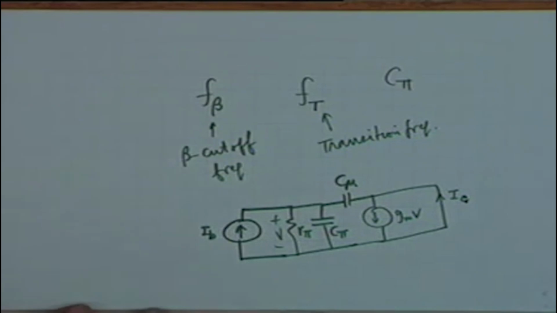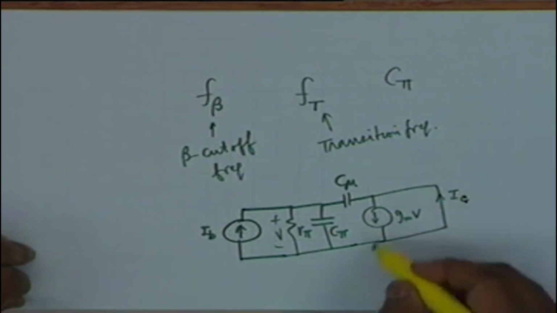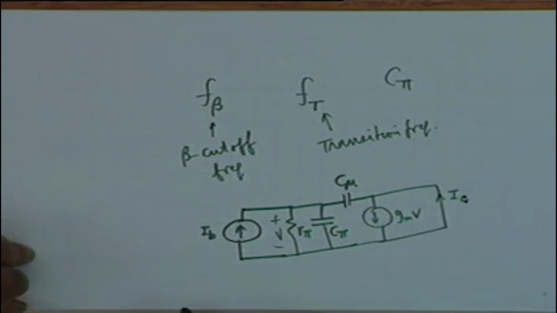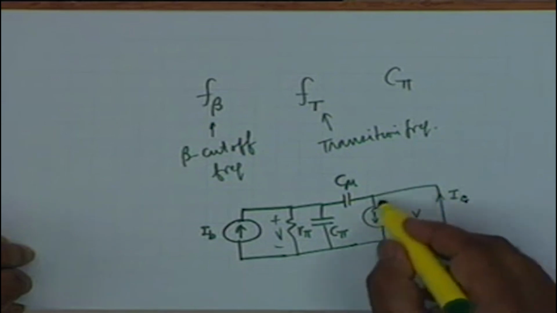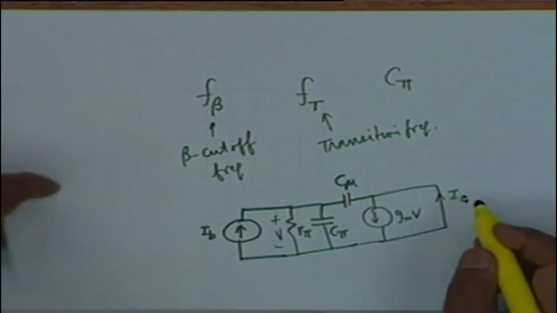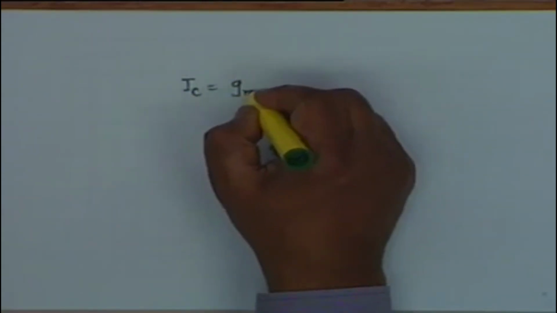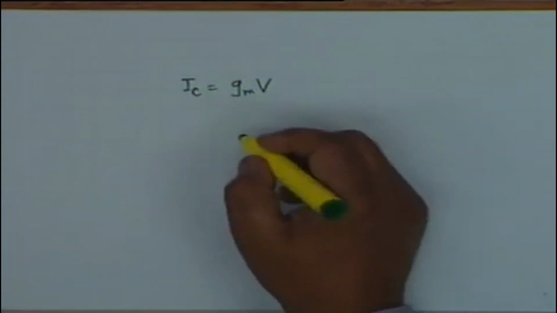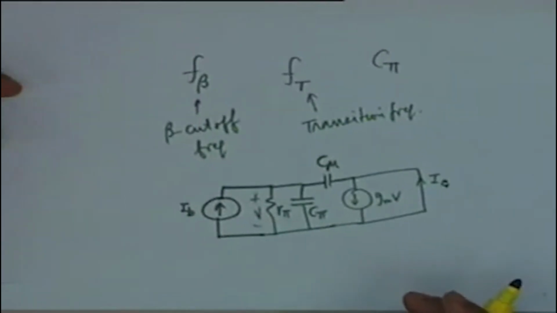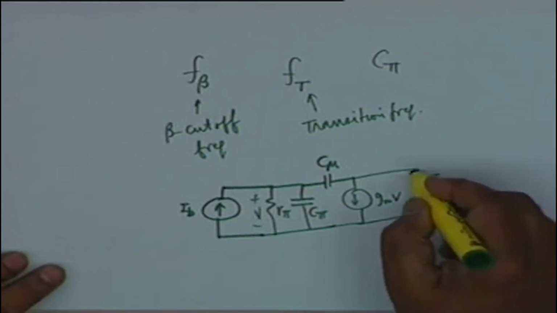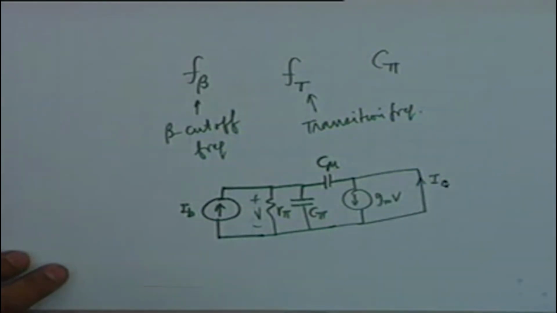If I calculate this, obviously I sub C is equal to GMV, isn't that right? I sub C is equal to GMV. No? Pardon me? I sub C is not equal to GMV?